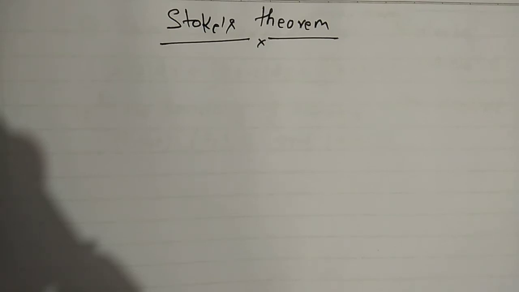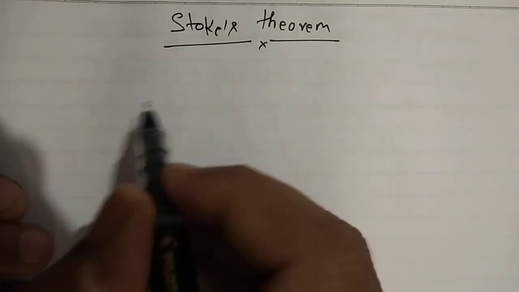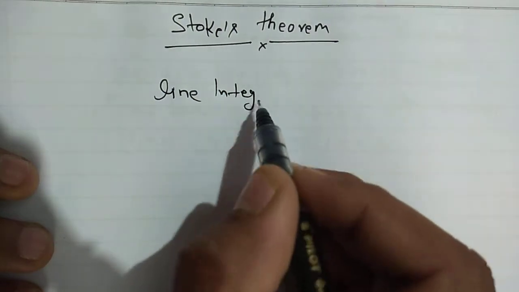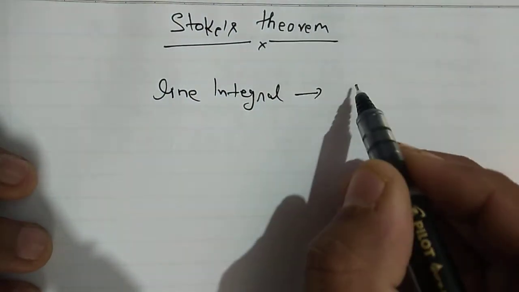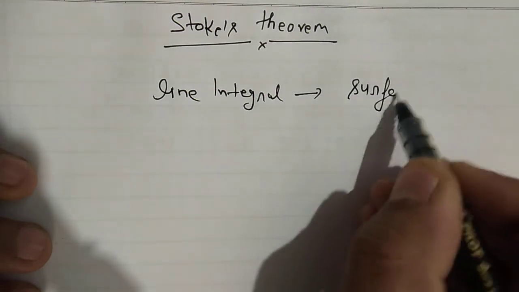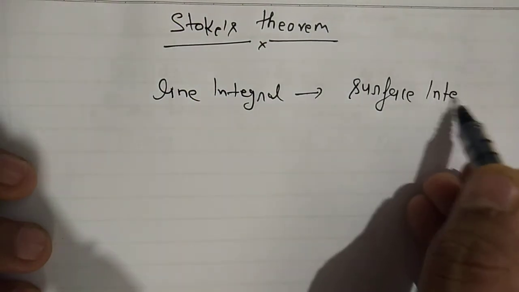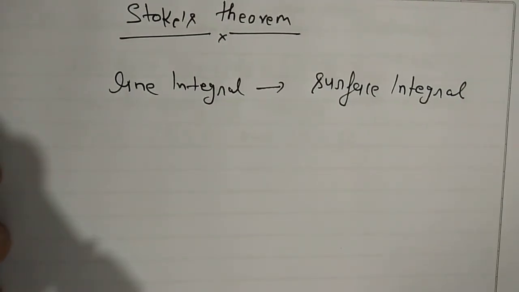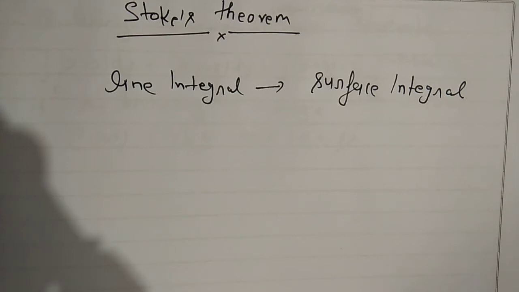In this video I am going to explain Stokes theorem. Stokes theorem gives the relation between line integral to surface integral. If you remember, Green's theorem also gives the relation between line integral to surface integral.